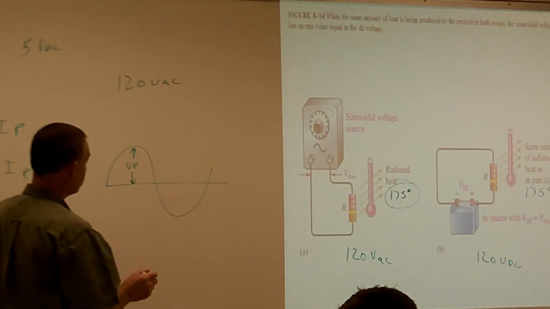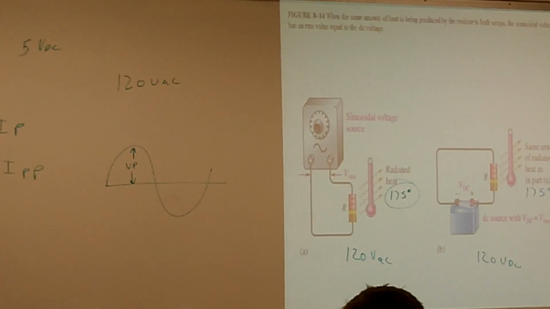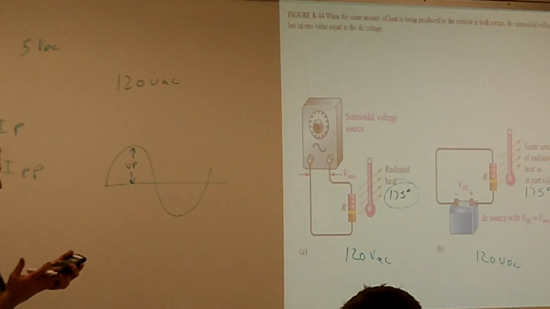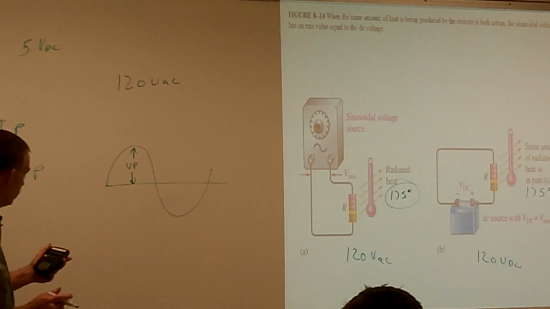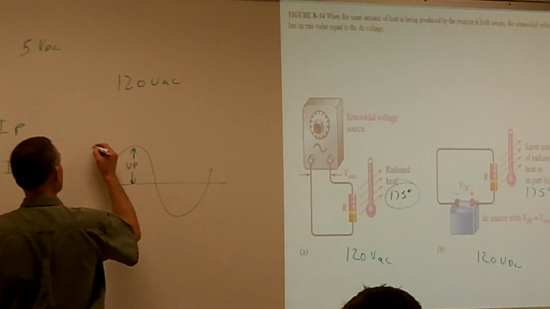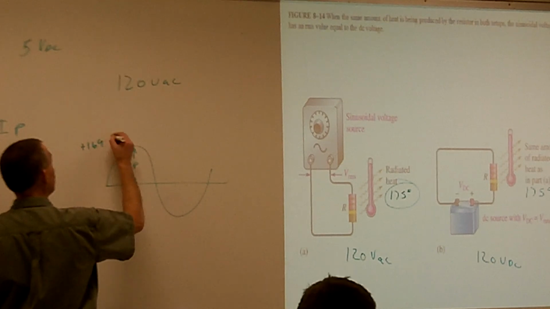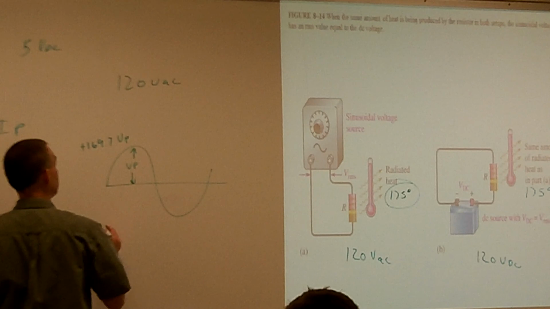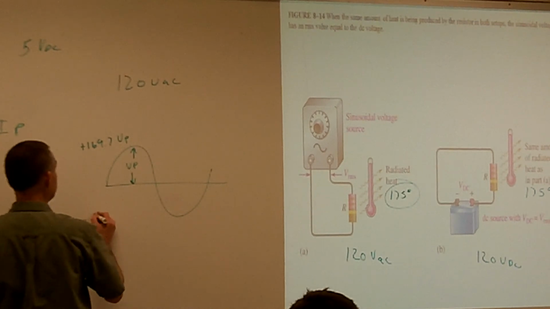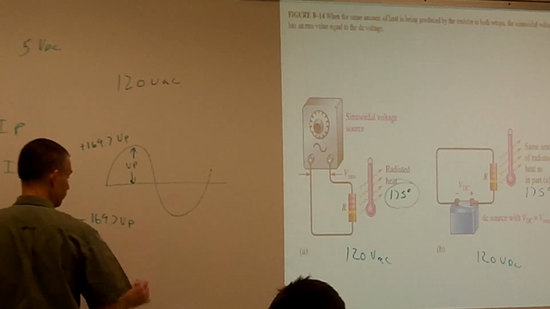And what do you end up getting? If I take 120 volts and divide by 0.707, what do I get for a voltage? I get a positive 169.7 volts peak, and then it goes down to a negative 169.7 volts peak.